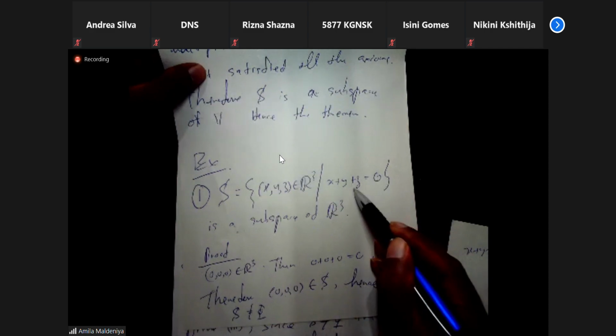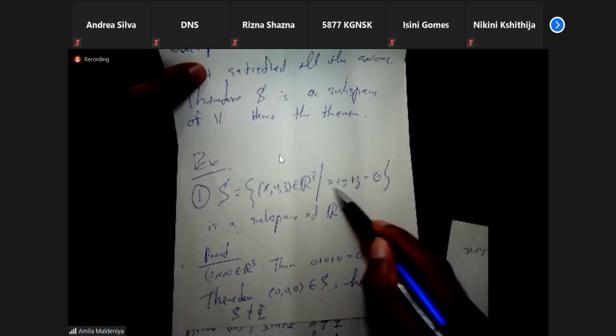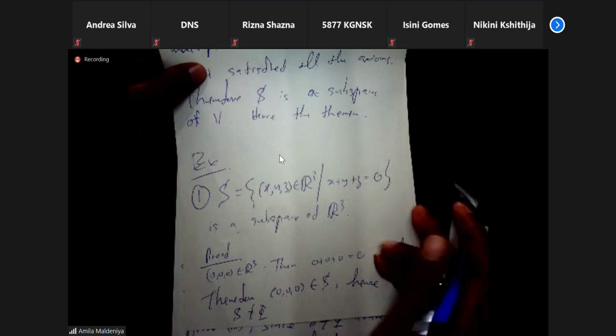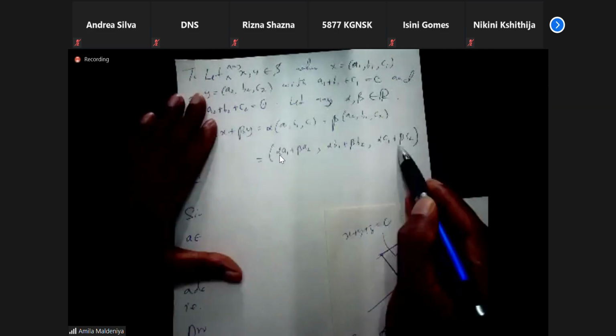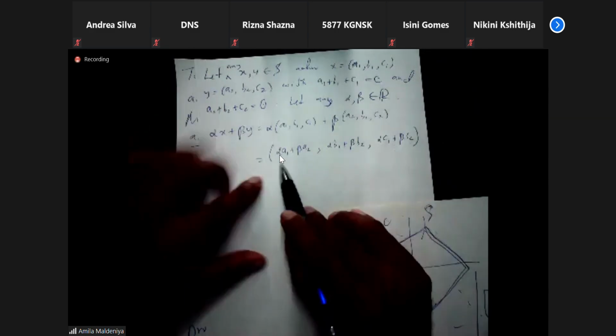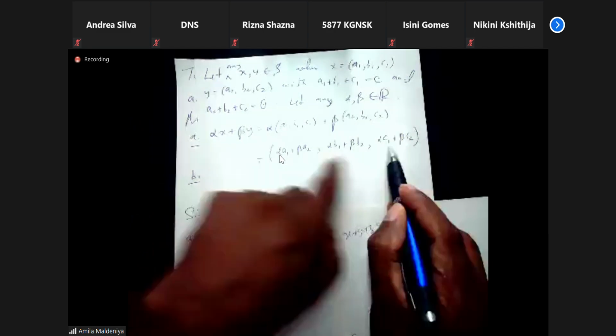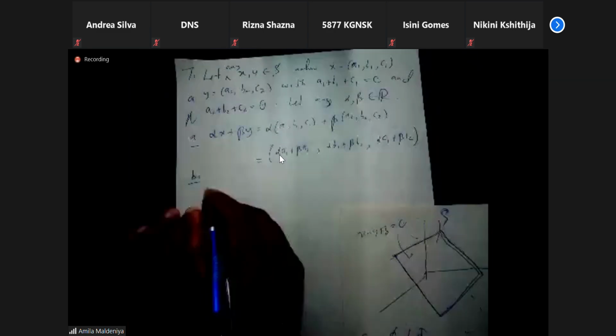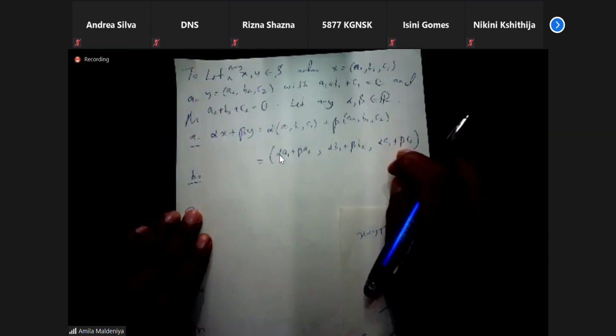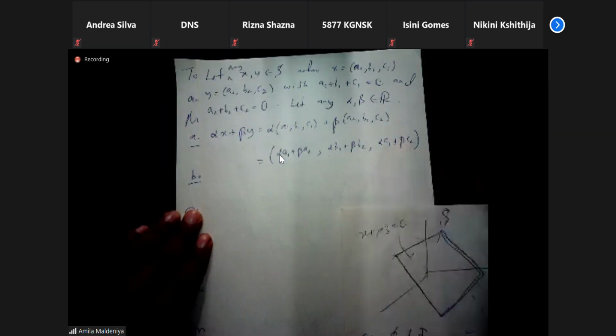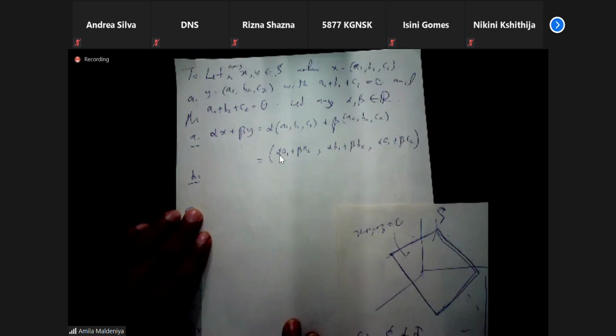This point is a point in R3, no? This is the X component, this is the Y component, this is the Z component. Let's check whether the addition is 0. If it is 0, then it's an element of that set, otherwise not.